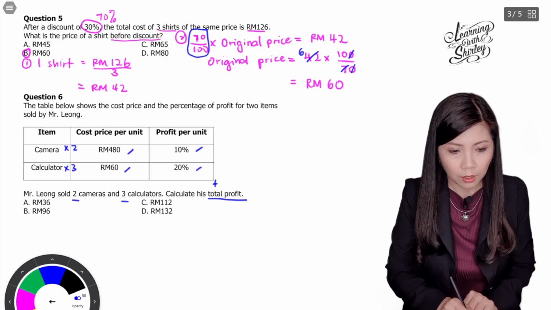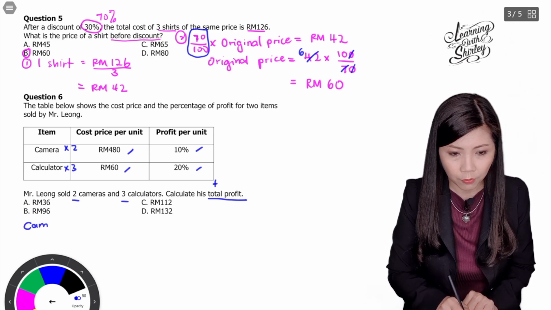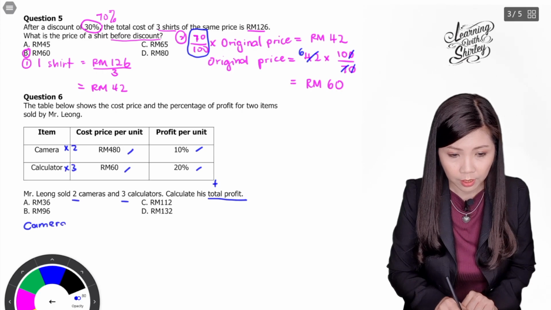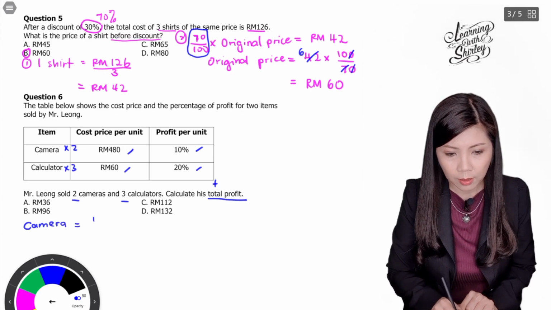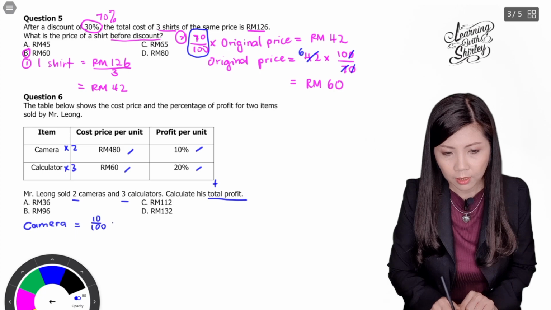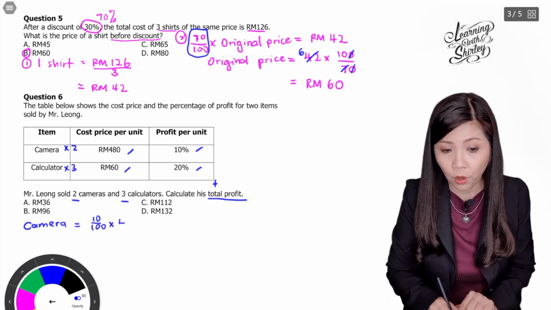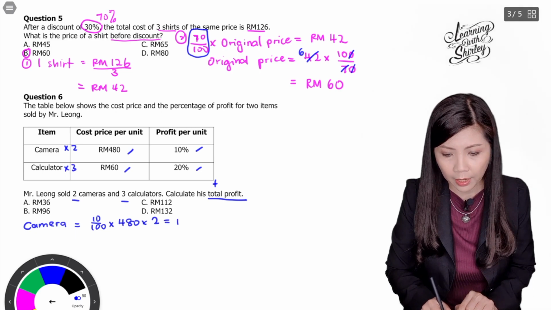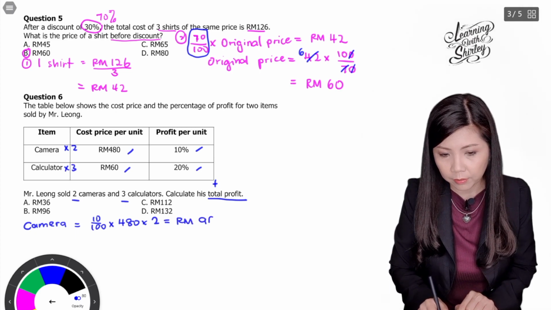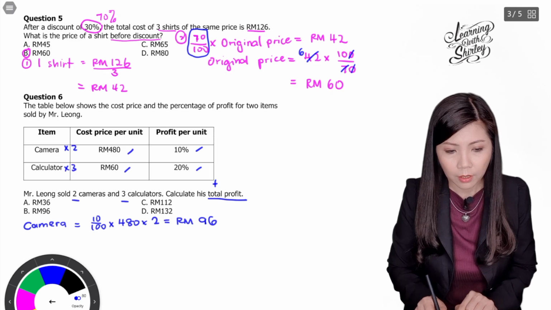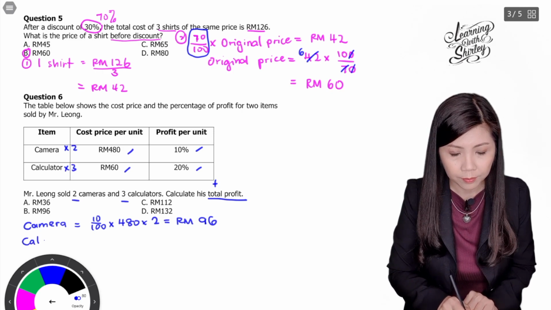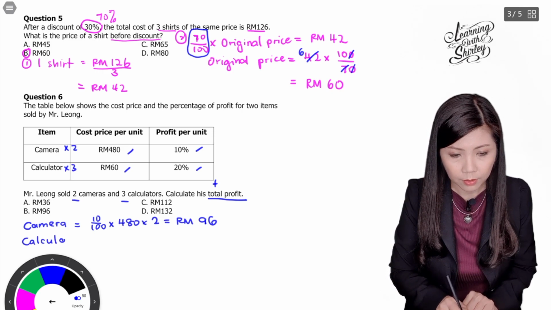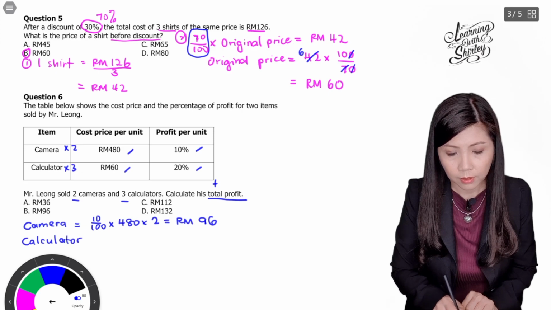So I'm going to find how much is the profit for 2 cameras. I'm going to use the percentage, 10%, times the cost price, which is 480, times 2. So I will get 96 ringgit. Next will be for the calculator.